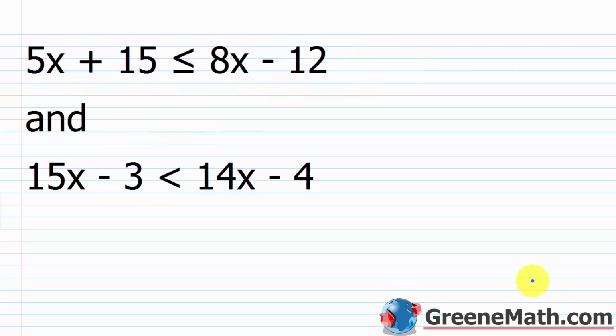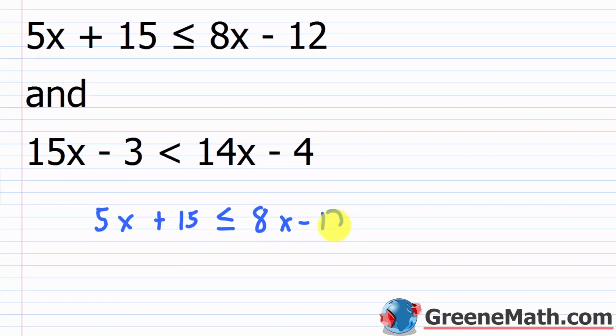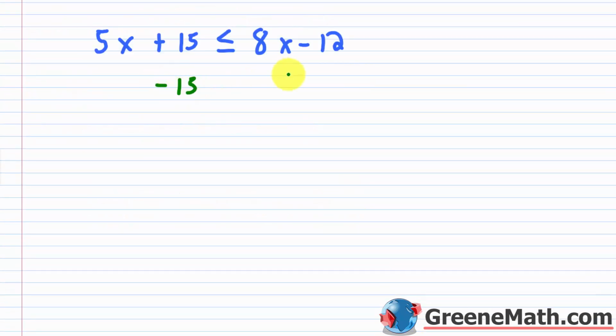All right, let's take a look at one more of these with "and," and then we're going to move on to the keyword "or." So we have 5x plus 15 is less than or equal to 8x minus 12, and then we have 15x minus 3 is less than 14x minus 4. We'll start out with the one on the top. I'm going to subtract 15 away from each side, so that's going to cancel.